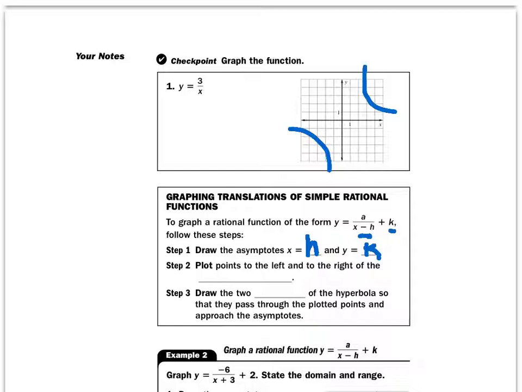And then plot points to the left and to the right of the vertical asymptote. And then draw the two branches of the hyperbola so that they pass through the plotted points and approach the asymptotes.